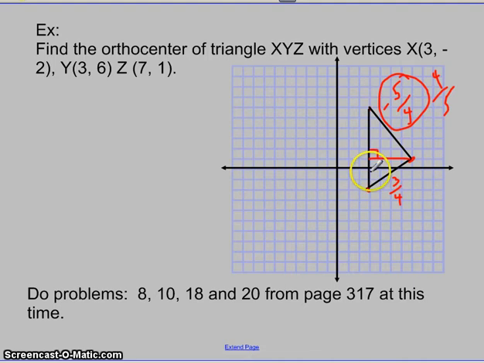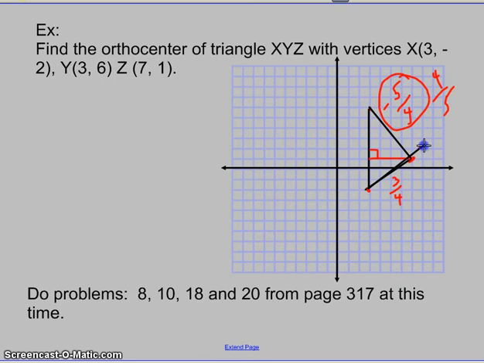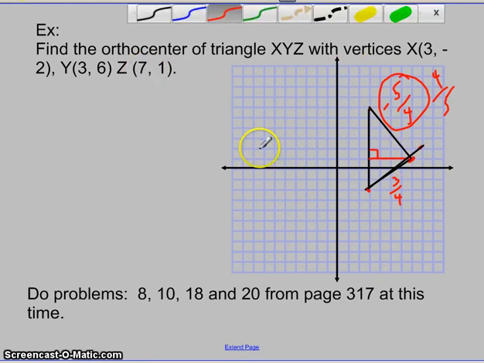So let's see, 1, 2, 3, 4, 1, 2, 3, 4, 5. And let's draw that in real quick. So it looks like our altitudes are going to meet right about here, which is close to that point (7, 1).